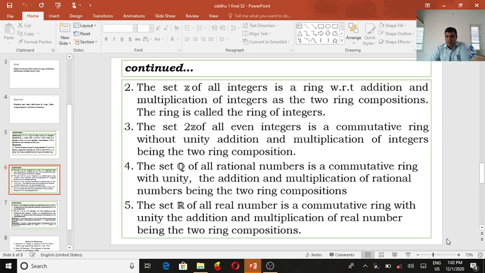We observe that in the set 2Z, 1 does not appear. So there is no unity. Identity, the additive identity 0, is there, but there is no unity, since 1 does not appear.